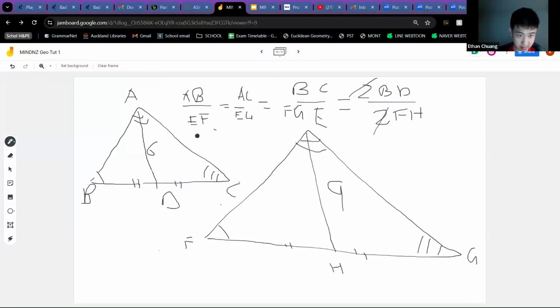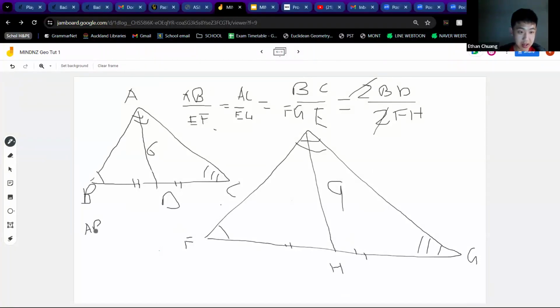So now what you notice, right? I'll just isolate these two actually. AB over EF equals BD over FH, right? From this big thing here. So you notice, AB over EF, and then we have BD over FH, right?